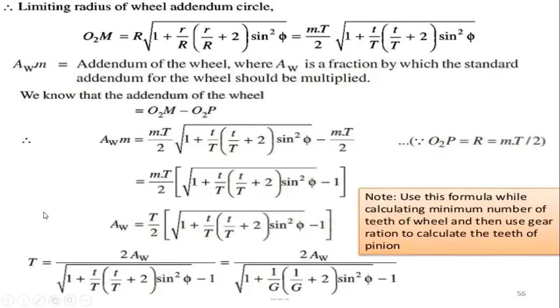So AW m is equal to module m into T by 2 into root of 1 plus t by T into t by T plus 2 sin square phi, minus m into T by 2.